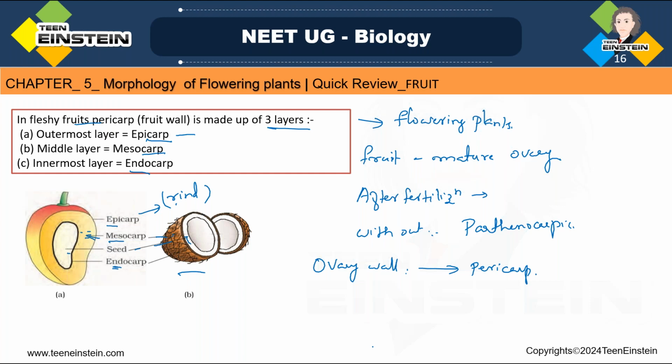So that fiber is called coir. And endocarp, the innermost layer, we said, right? That may be thin or membranous. In orange, date palm and others, it will be thin and membranous, or it will be thick and hard. In mango, the endocarp is the thick one.